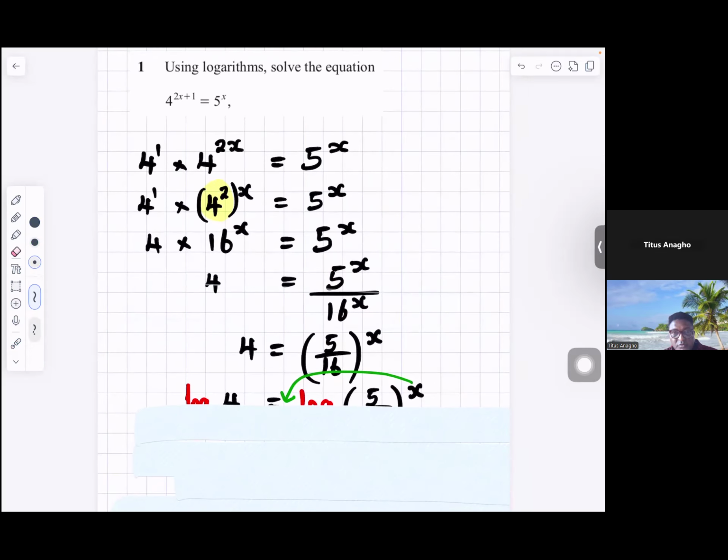So now we can use the power to the front law, the x comes to the front. We insert the logs, and the x comes to the front.